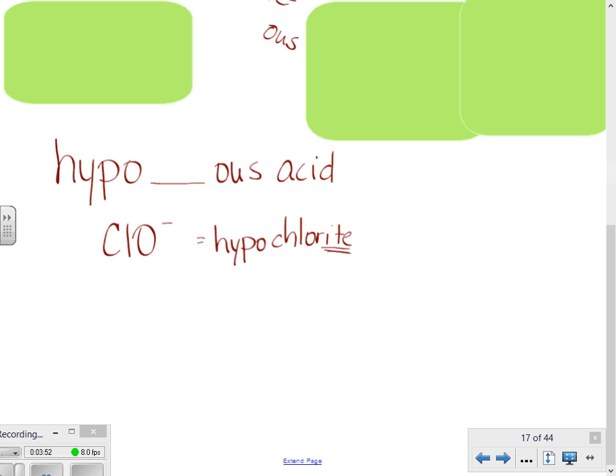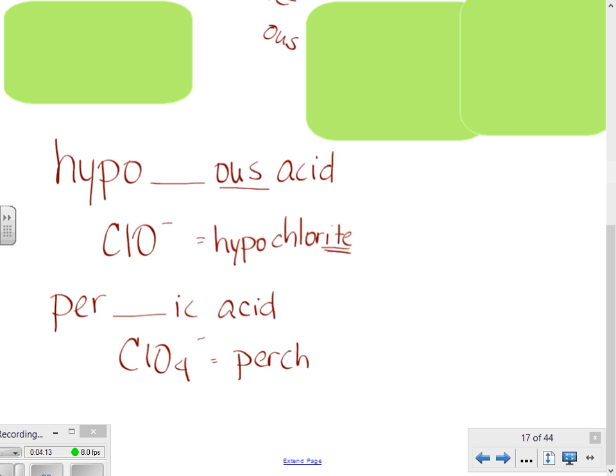It still ends in that ite ending, so you're going to add OUS. Hypo still remains there. This is just extra information for you all. And then we have per-ic acids, like ClO4 negative, and that's perchlorate. Again, it ends in ate, so we're keeping per, and you're changing the ending to ic. Perchloric acid would be HClO4.